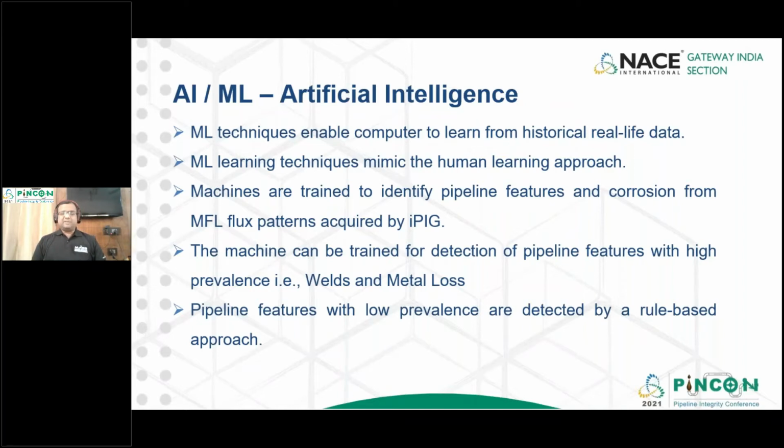Features with high prevalence like welds, corrosions, sleeves, flanges can be detected using AI. Features with low prevalence are initially detected using a rule-based approach, and when we have a good quantity, they are moved to an AI approach.